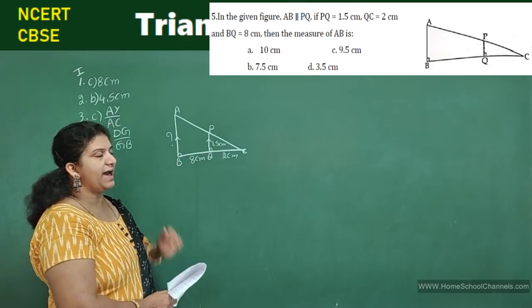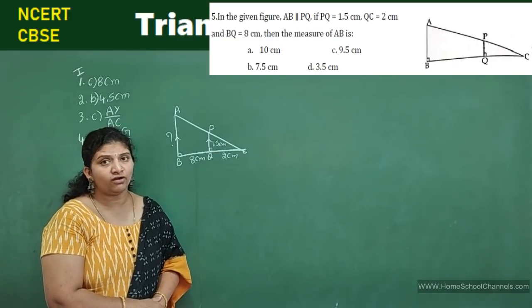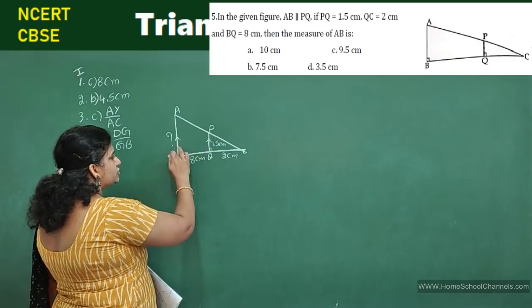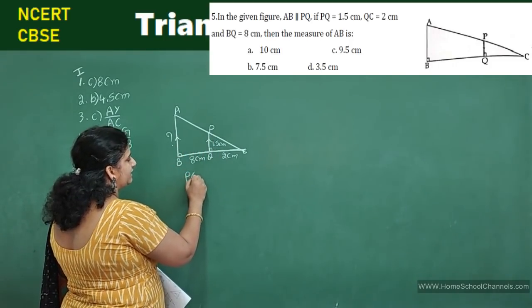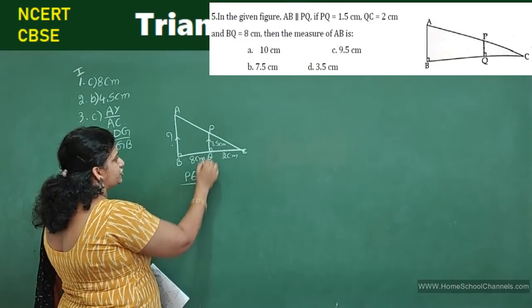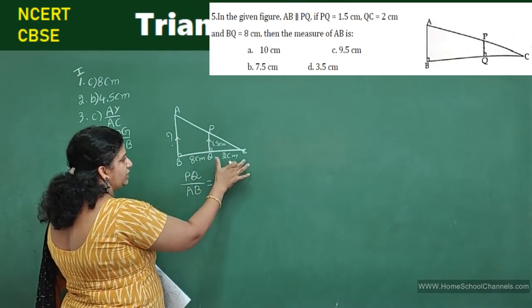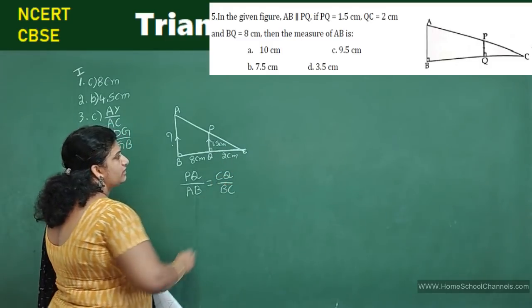If PQ is parallel to AB, I can directly remember the corollary of BPT. Using the corollary of the basic proportionality theorem, I can write the ratio PQ by AB is equal to CQ by BC.